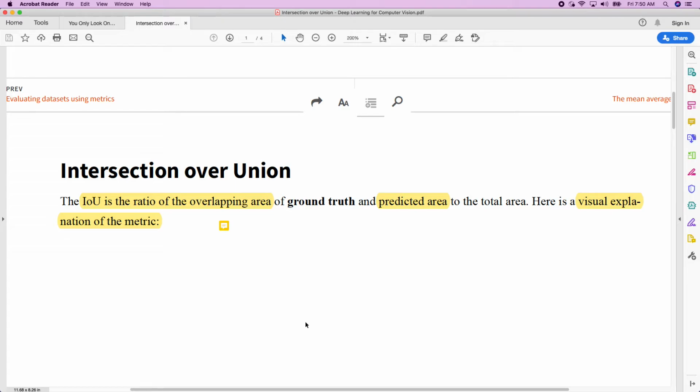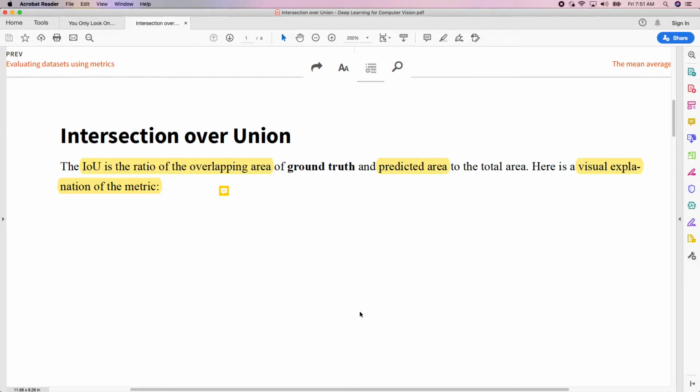I repeat that: you are trying to minimize an objective function in such a way that the bounding box the model predicts is as accurate as the ground truth.